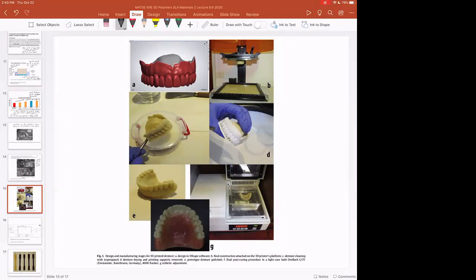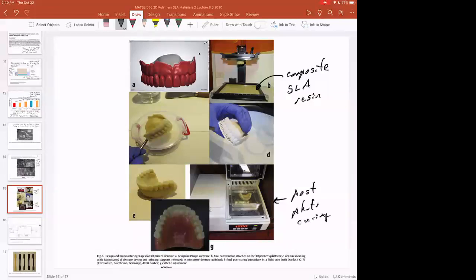But now you see this is composite SLA resin. Of course, this is the model of the thing you want. Then you do some post-processing. So they talk about post-photo curing.